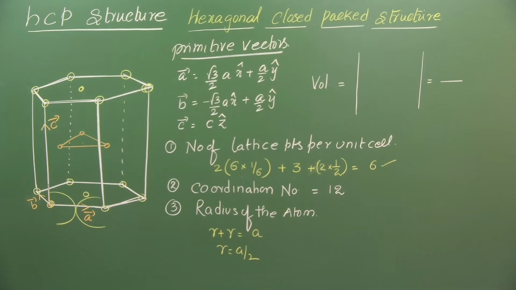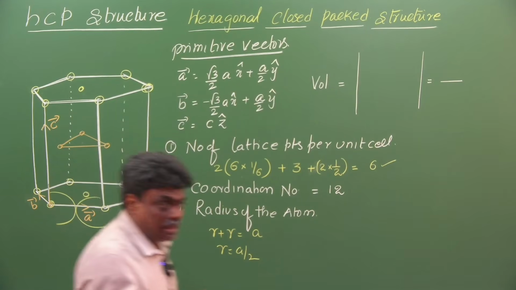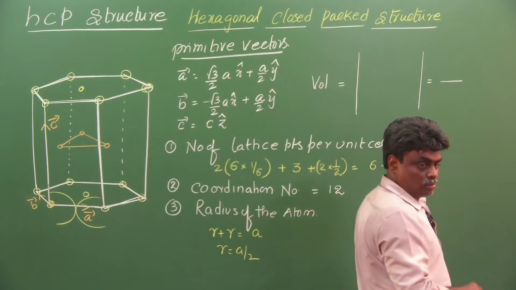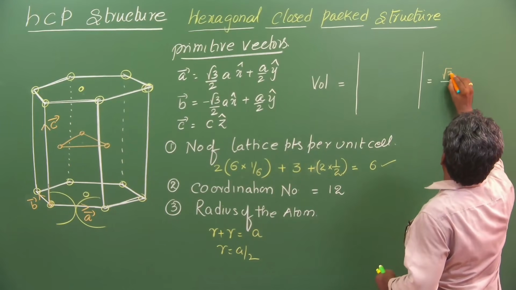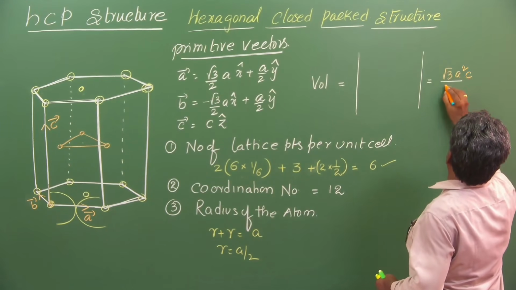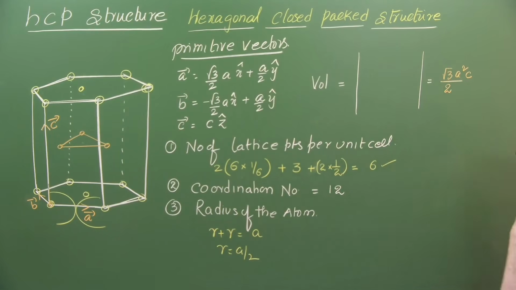Anybody got the volume? Root 3 a square by 2. Oh, root 3 a square c by 2. Correct.